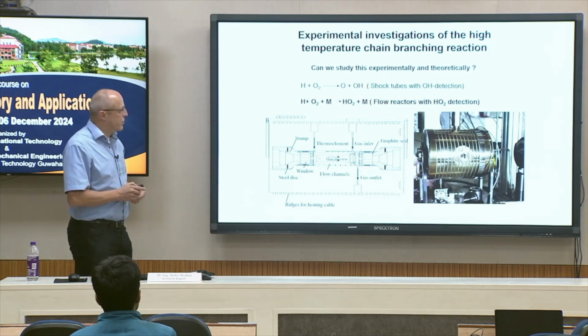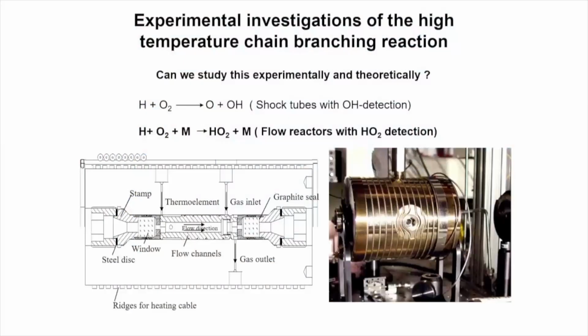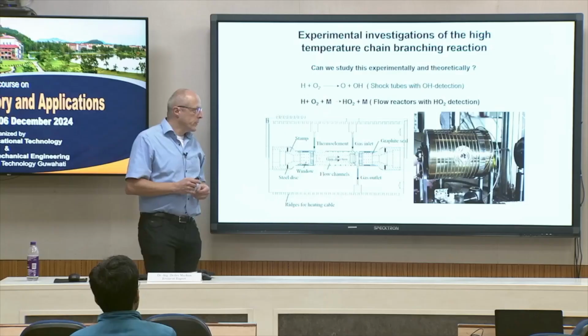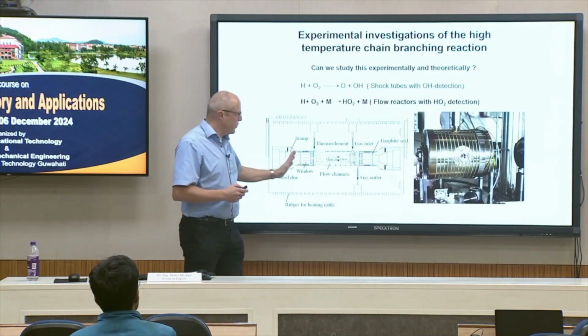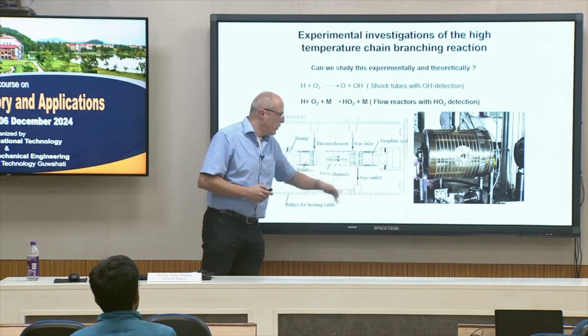So we can use, for example, a classical flow reactor for the formation of HO2. We have a reactor at a constant temperature, below maybe 1000 K, with an inflow, the flow direction, and an outflow.